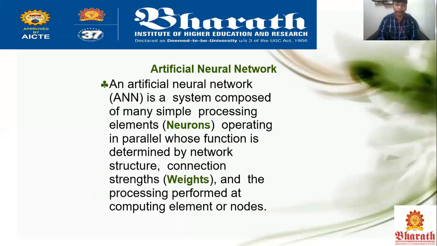At the same time, multiple functions are processed in the artificial neural network. That is known as the computing elements or nodes of the artificial neural network. So this is the exact difference between BNN and ANN. BNN processes step by step, but ANN processes many functions at the same time. This is known as the artificial neural network.